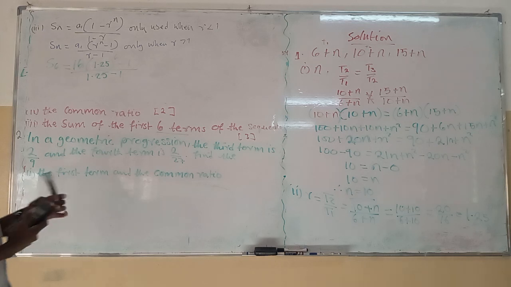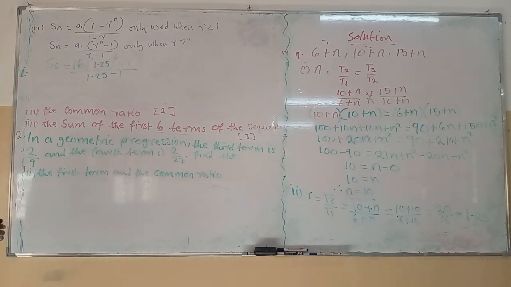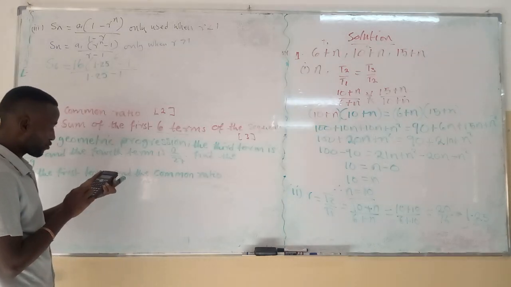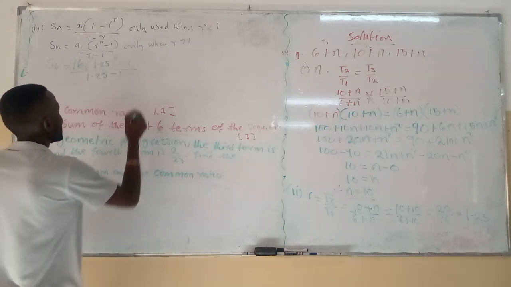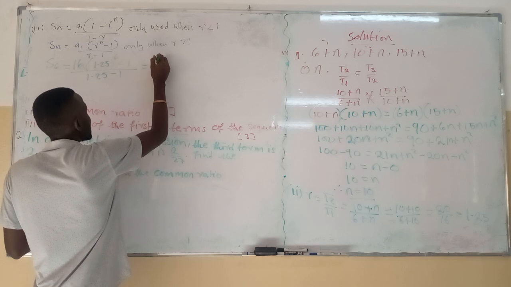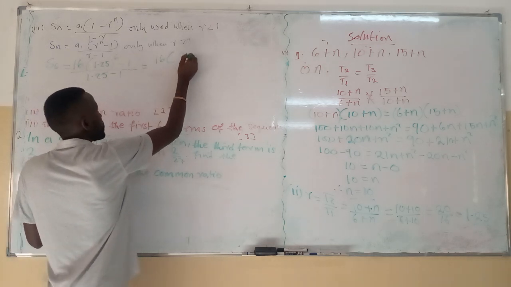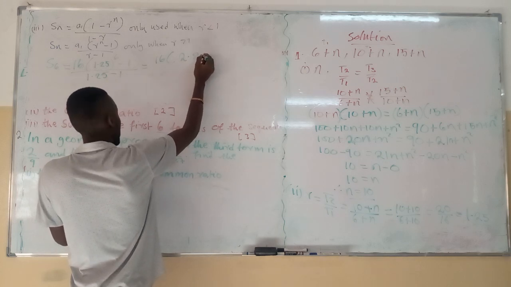Alright, so now let us use the calculator to make the work easy. We are going to say 1.25 to the power 6. I have 3.8. I have 3.8 minus 1, I have 2.8. So you are going to have 16 multiplied by 2.8, in 3 significant figures.